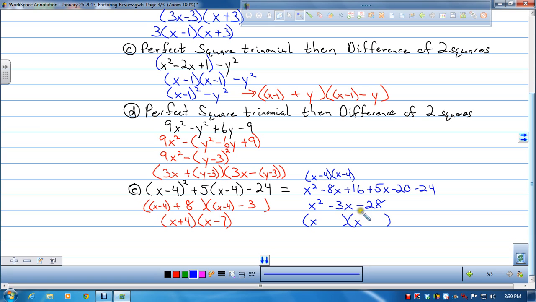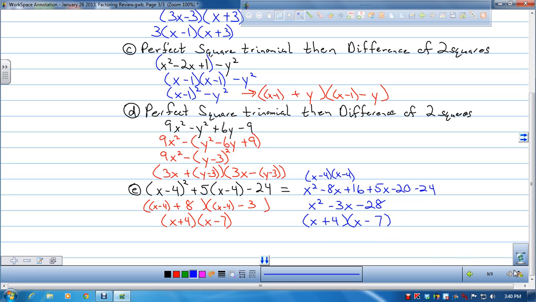So 1 and 28, no. 2 and 14, no. 3 doesn't go in. 4 and 7, the difference between 4 and 7 is 3, so I'm thinking that's it. My bigger number is going to have to be negative, because when I add them I have to end up with a negative. So if I'm adding here, I'd put 4. I'm subtracting there, I put 7.